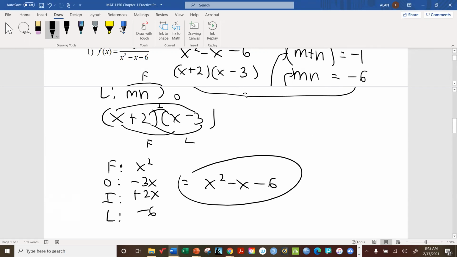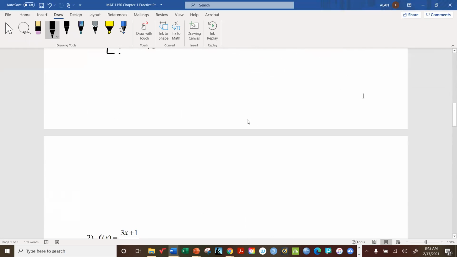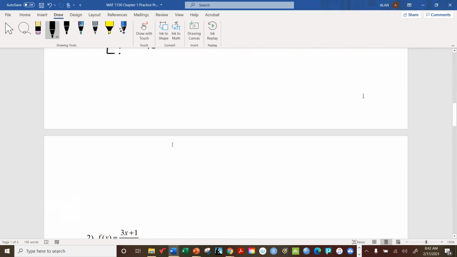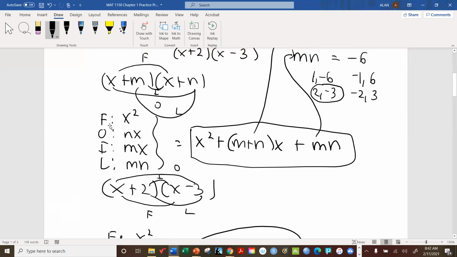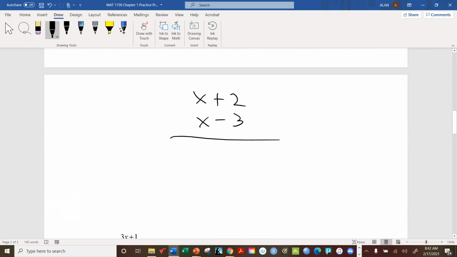So the point of all of this is that I can rewrite this expression that I started out with. And I almost forgot to show you my other technique. x plus 2 and x minus 3. This is something that you might have seen. If you line them up like this, what you can do is essentially multiply each term by all the other terms.